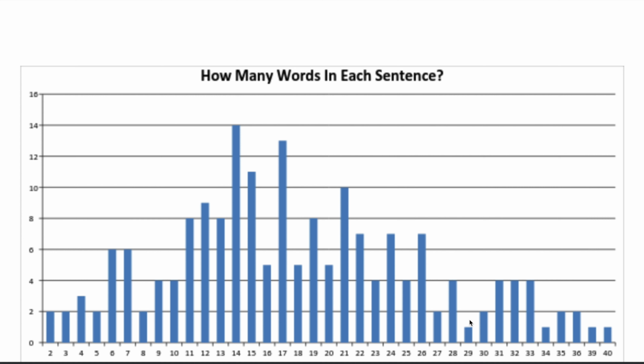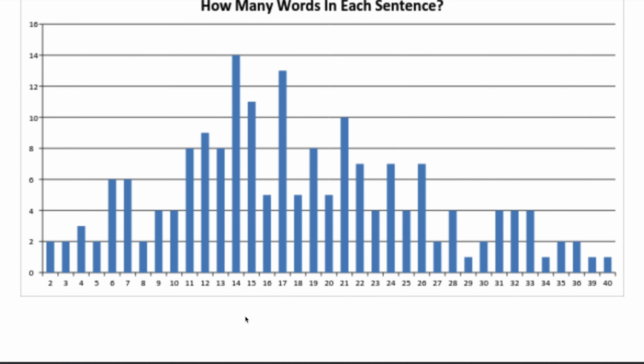And again, these sentences that are really long, 30 words, 32 words, they're rare. Here we can see our average: most sentences are in the teens, 13, 14, 15, 16, 17, somewhere between 13 and 22. Somewhere in here is what I'm seeing as the most common sentence length.